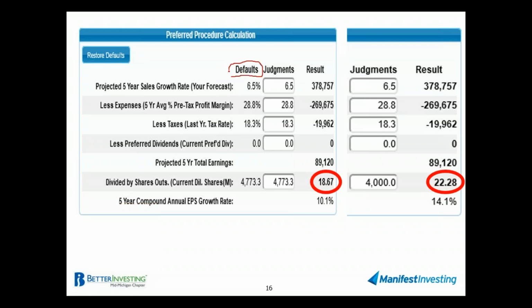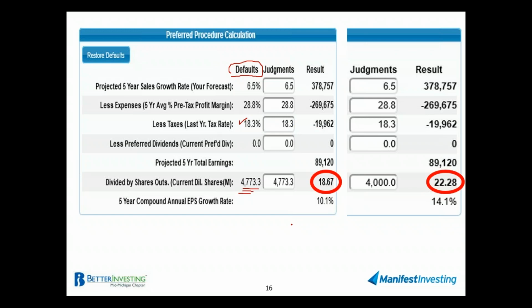The problem is that those historical values were significantly disrupted by the tax law in the last fiscal year, and then the share buybacks are disrupting the shares outstanding for us to go forward with.